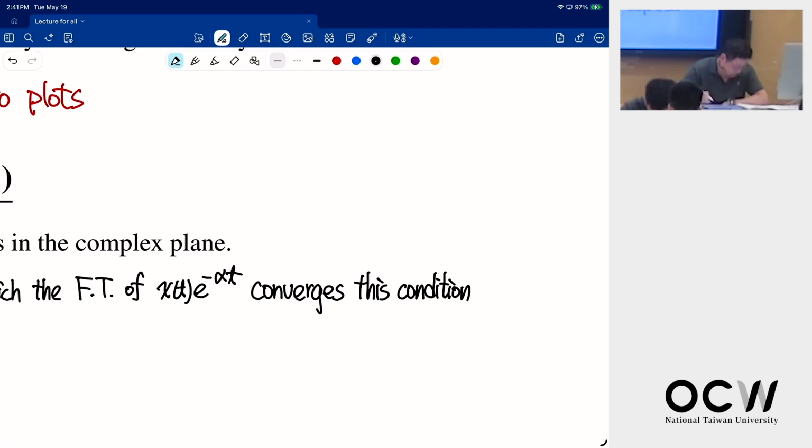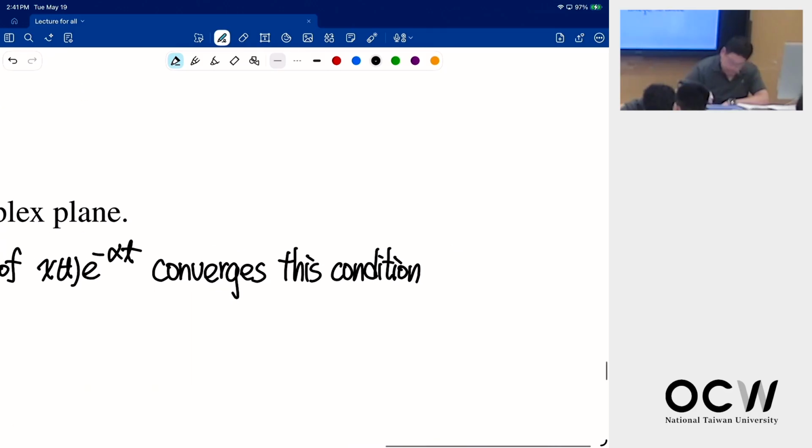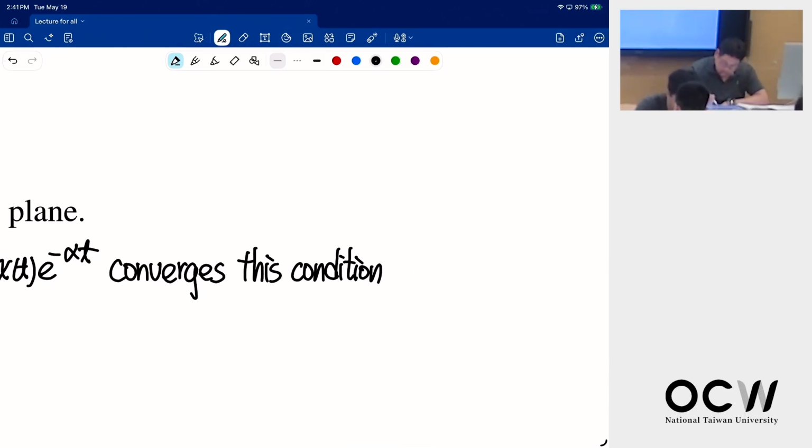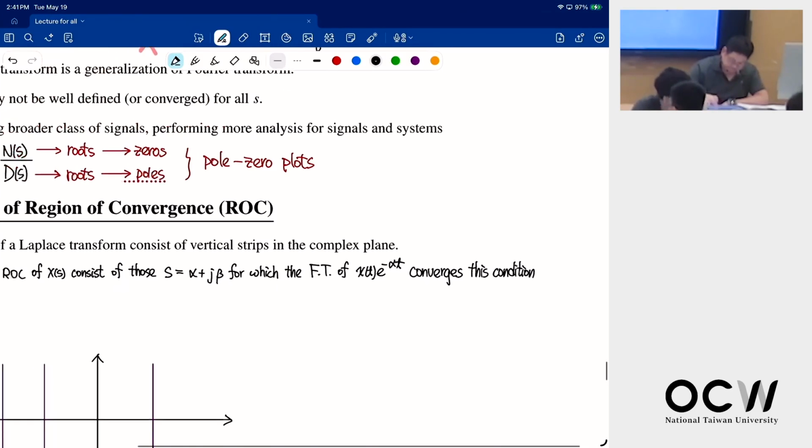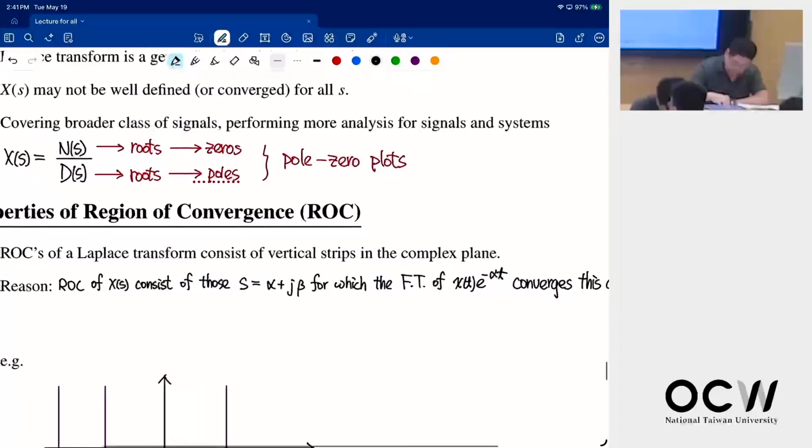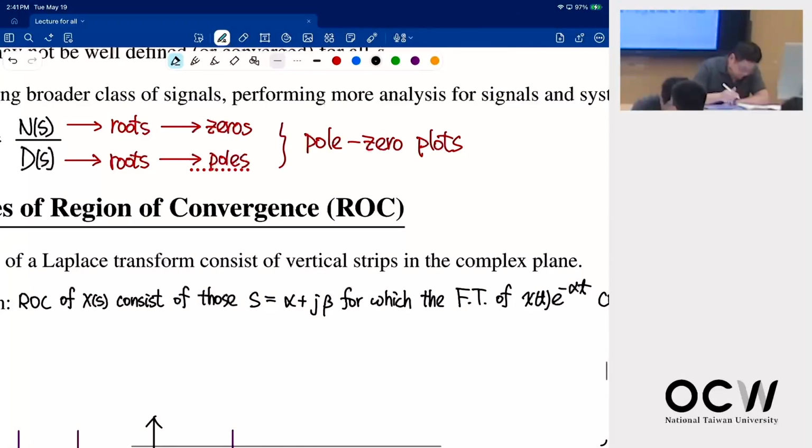This condition depends on alpha, not beta.